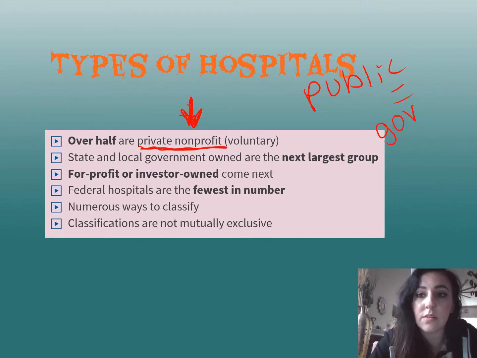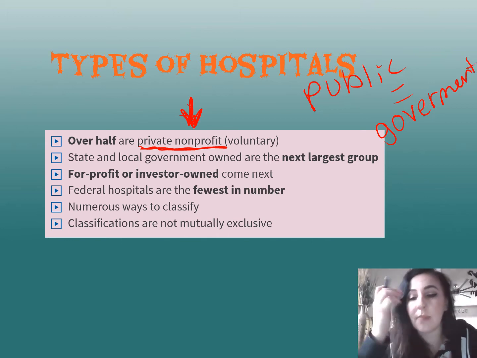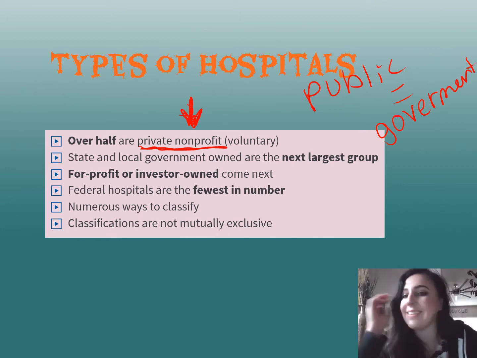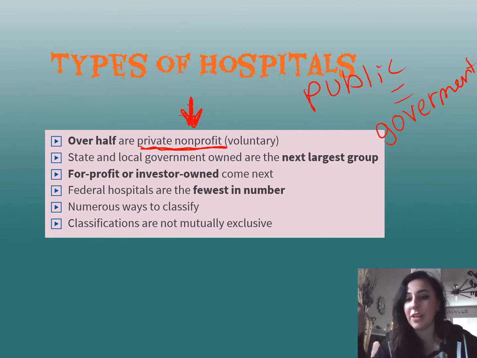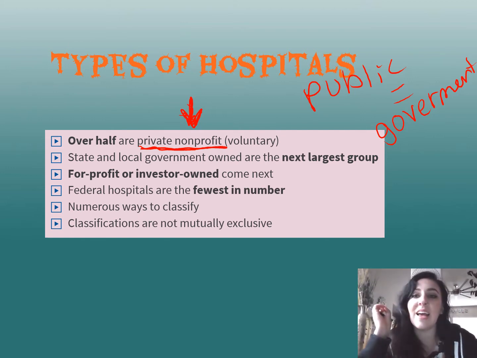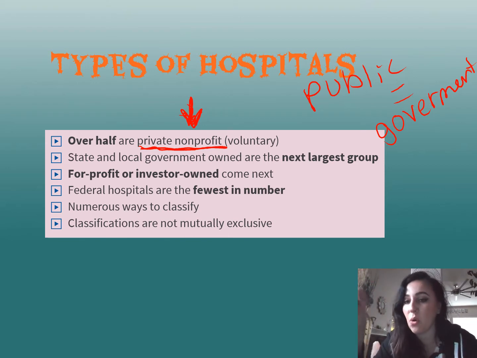So when we say it's a public hospital, that means it's a government hospital. It doesn't mean that it's open to the public. It means it's government-owned. Anything that's public is government-run or government-owned. But if it's private, that means it's a private business, in the private sector.